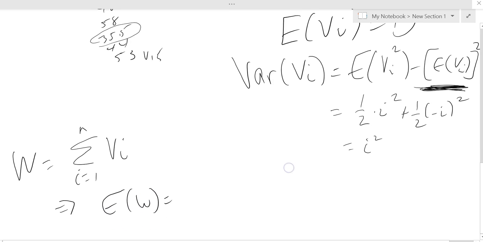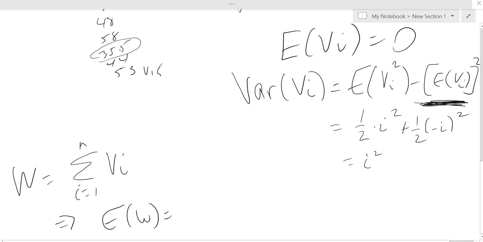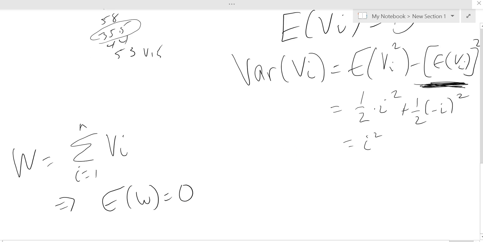What would the mean of W be? What was the expected value of each of the V sub i's? So what would be the expected value of W? 0, right? Yeah, good. Okay, so the expected value of W is 0. What would the variance of W be?